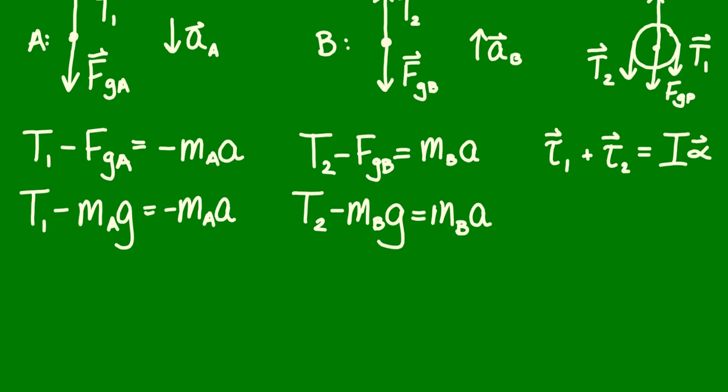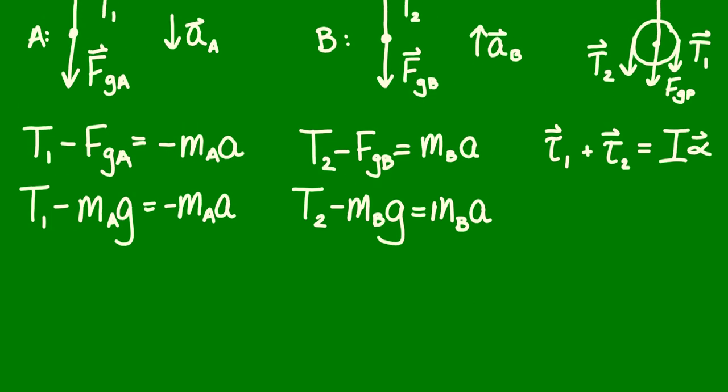So for starters, that torque 1, we know that the torque magnitude is equal to F R sine theta. So the torque from tension 1 would be T1 times the radius of my pulley R times the sine of 90 degrees.